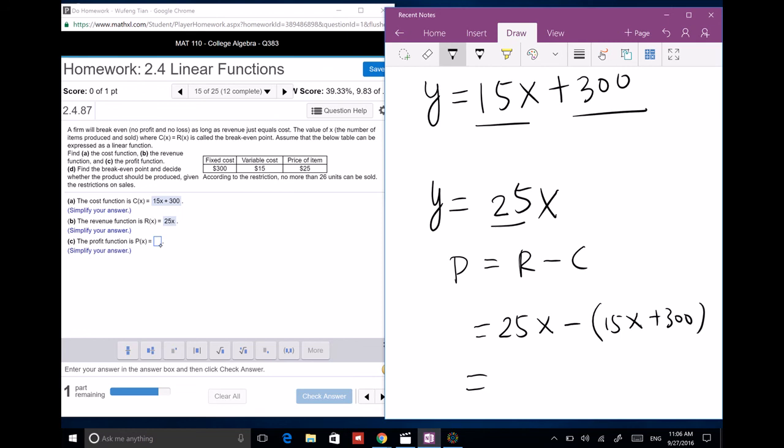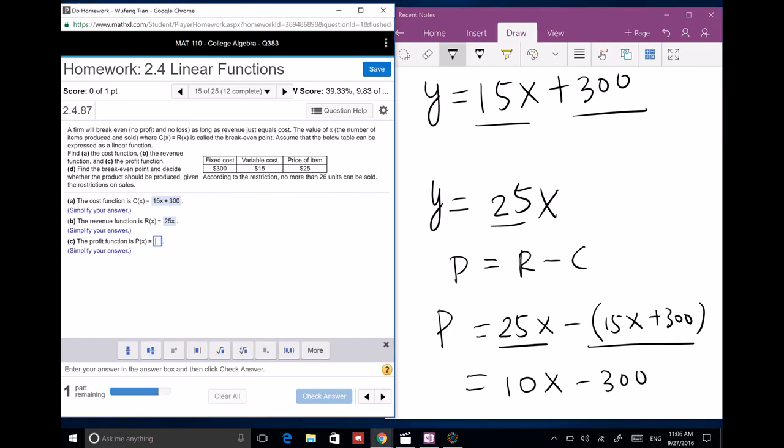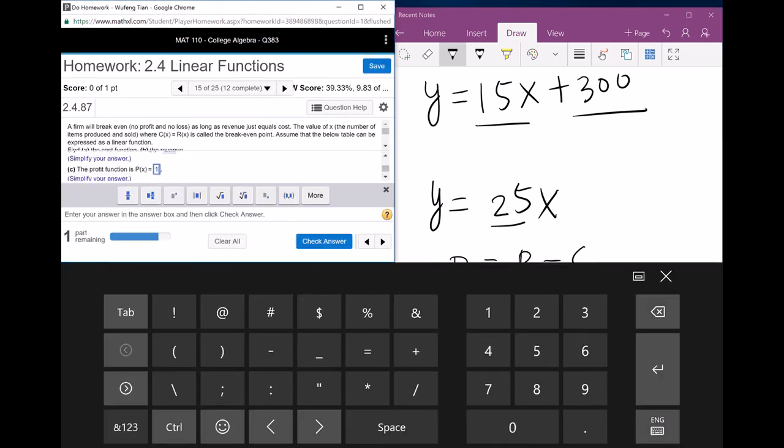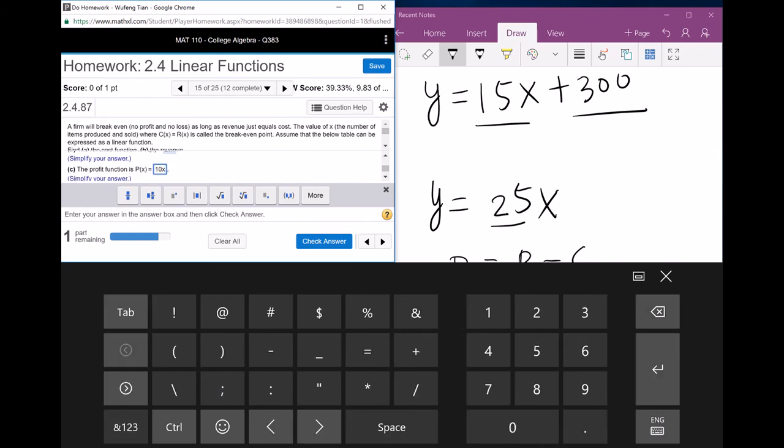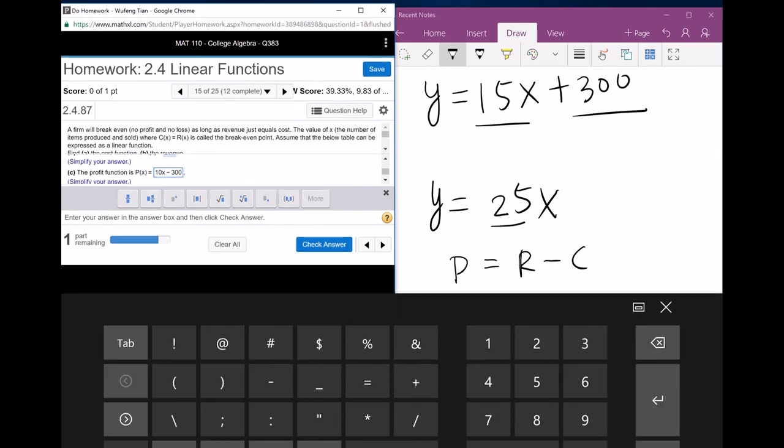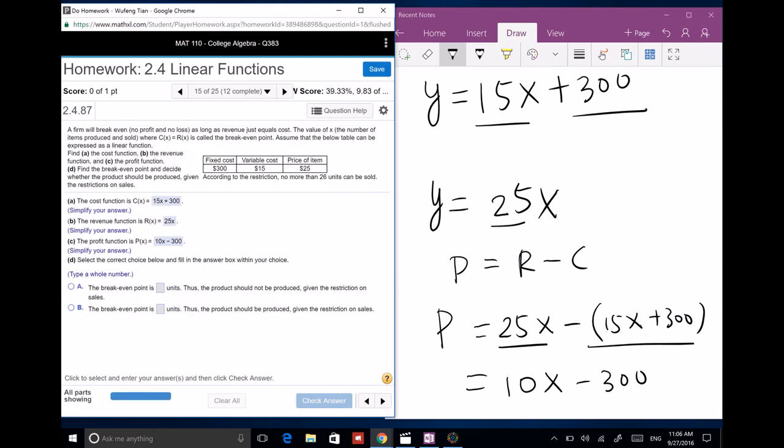Okay, then that's your profit. Revenue minus the cost. Simplify that, it is 10x minus 300. And then the break-even point is whenever profit is 0, so x equals 30 is even.